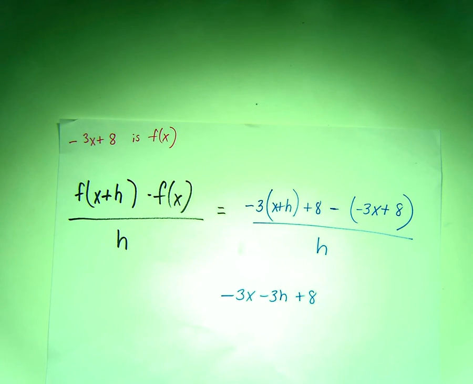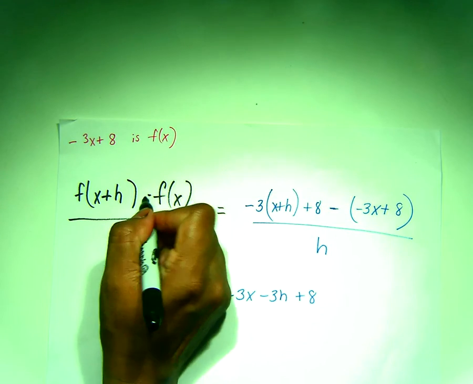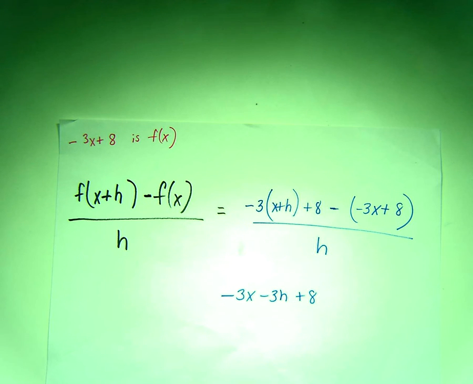So our initial function is negative 3x plus 8. That's what we have right here. Using the difference quotient, you're using this formula right here. This right here is a minus sign, by the way. So what we're doing is, wherever we see the parentheses, substitute the actual equation.